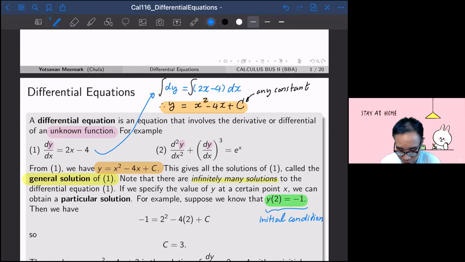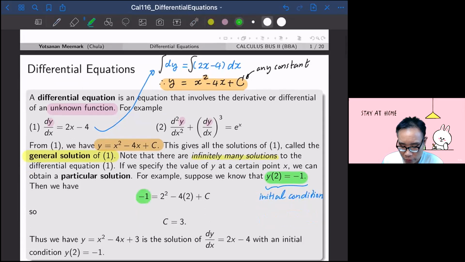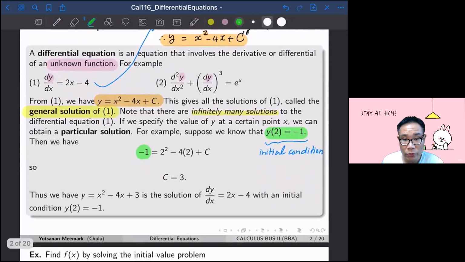You can use this condition in order to find the constant c. You plug in x equal to 2 in the solution. So you get 2 squared minus 4 times 2 plus c equal to -1. This allows you to solve for c, so you get c equal to 3.